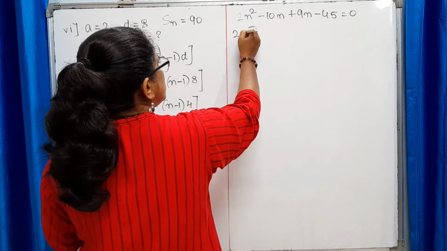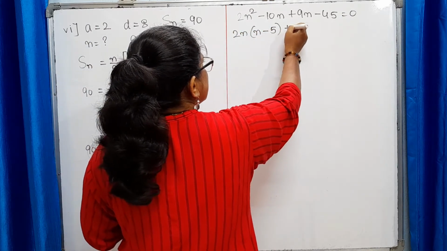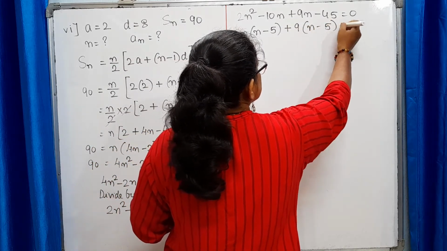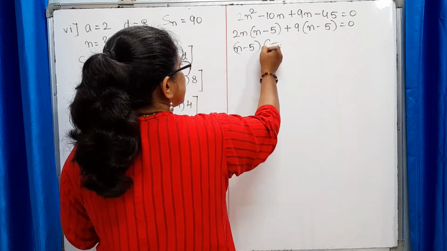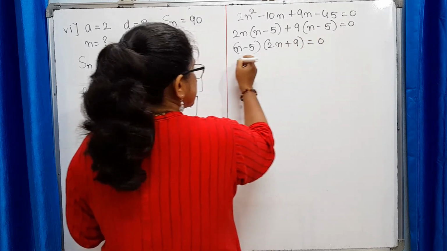From here 2n is the common factor, n minus 5, here plus 9 is out, again n minus 5 is equal to 0. n minus 5 into 2n plus 9 is 0.